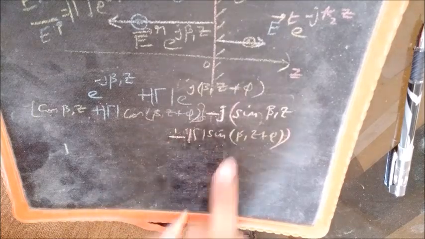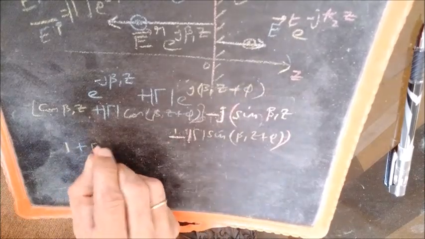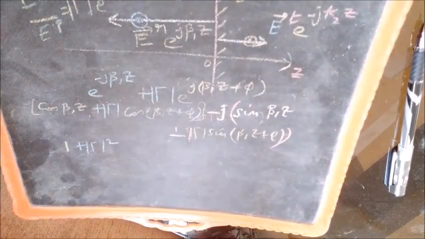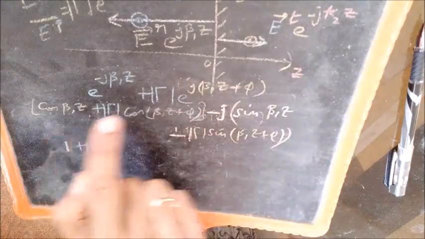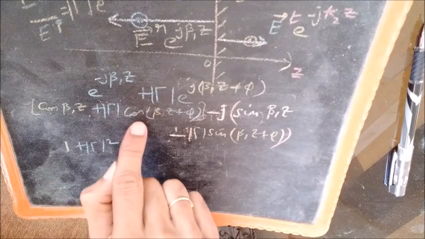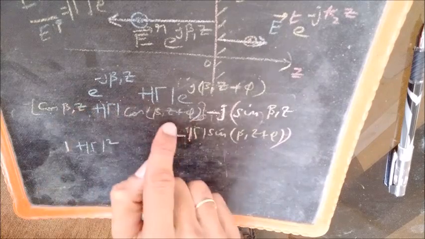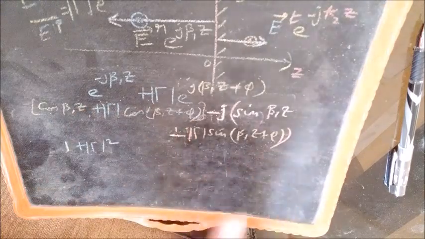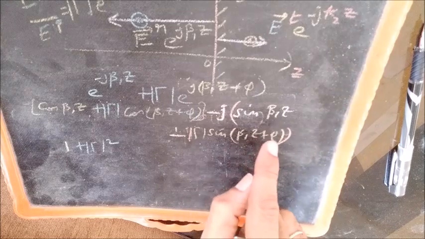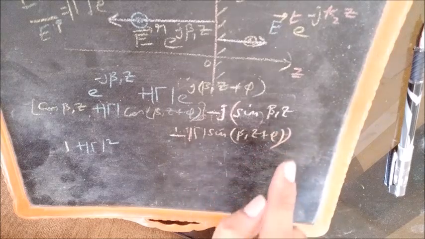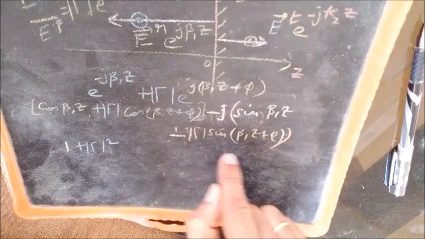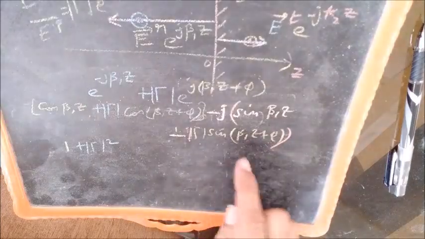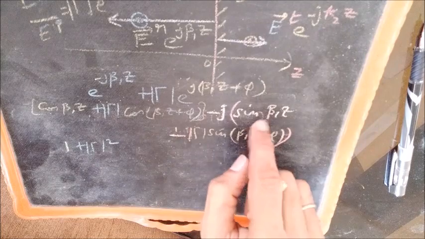Square of this and square of this will add up to give capital gamma square, and then you will have 2 gamma cos beta 1 z plus phi when you square it, and to that you will be adding 2 gamma sin beta 1 z and sin beta 1 z plus phi. That will be a negative sign, of course, because you are squaring this.